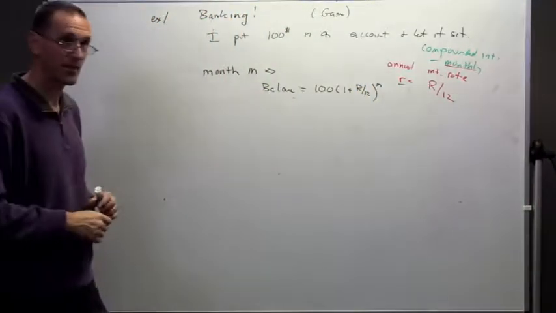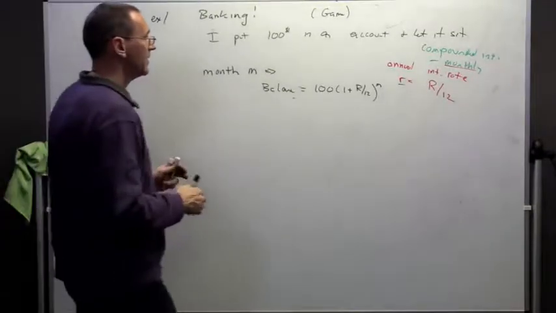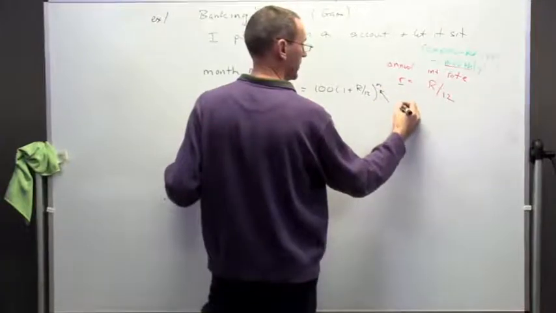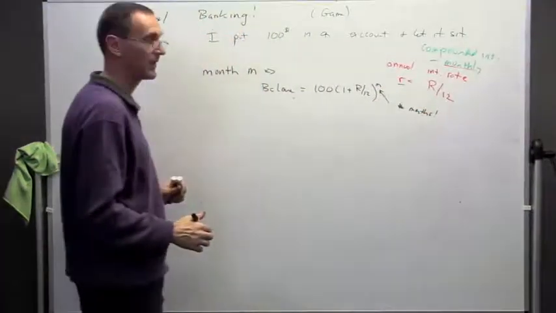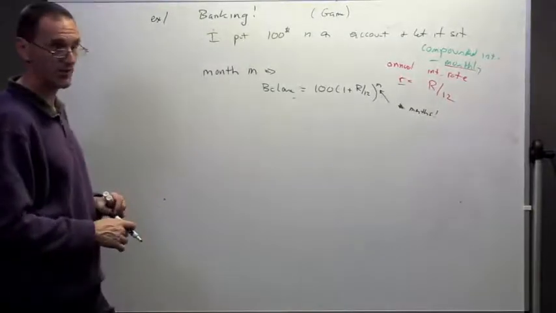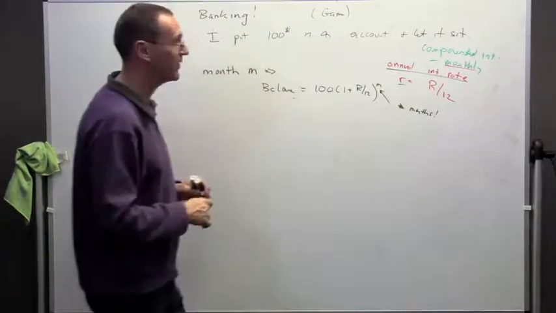And I'm going to raise that to the m for the number of months that has been sitting there. Okay. Problem is I don't like that. I want to talk about this in terms of years, because that's an annual interest rate. I want to keep all my units the same.